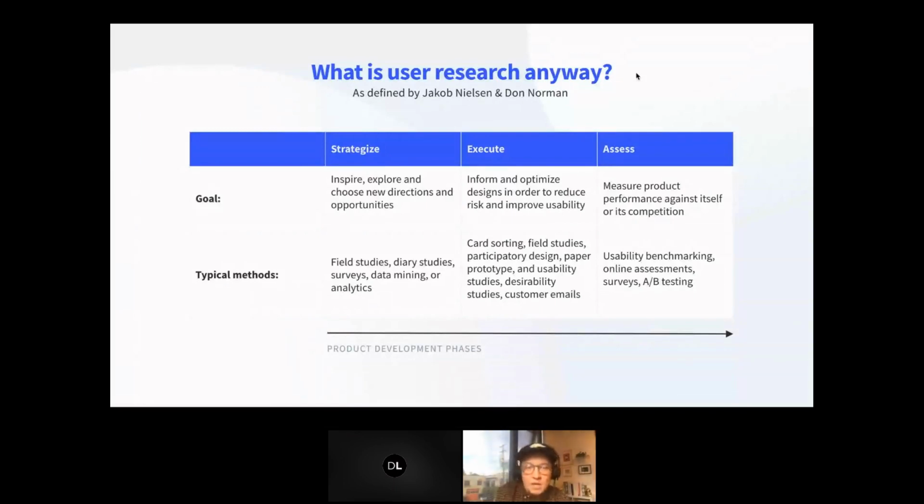And assessing is all around being able to benchmark this along the way. So we strategize to understand what this looks like as a field, we execute against proper methods and methodology in improving usability, and then assess things as we move along.